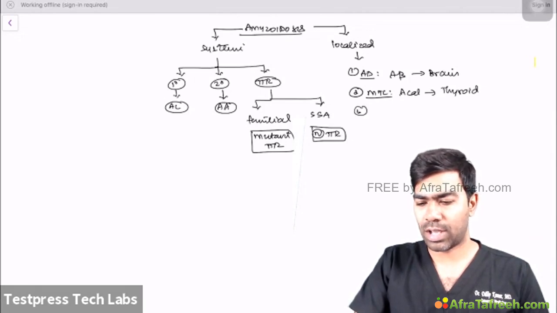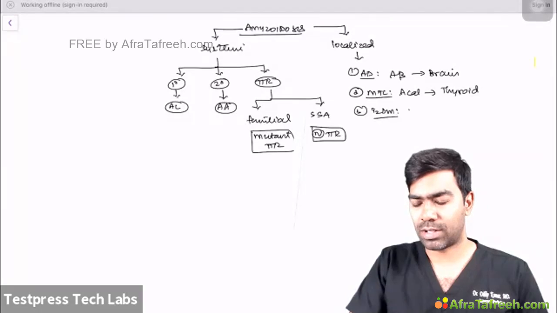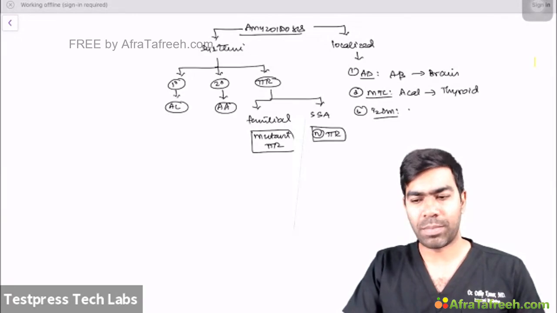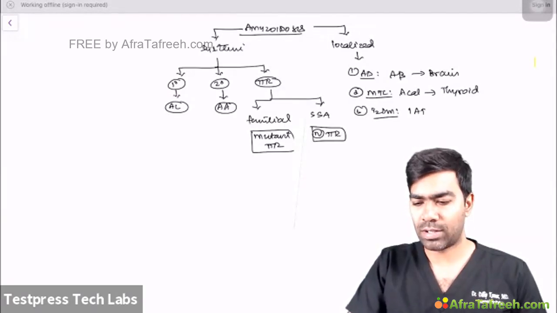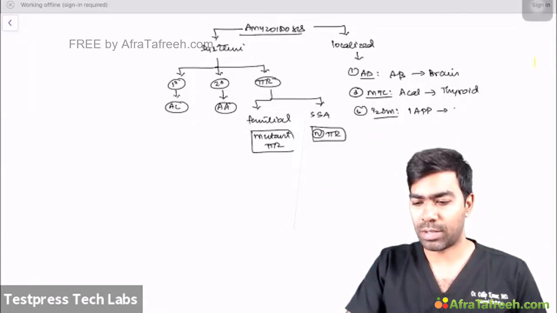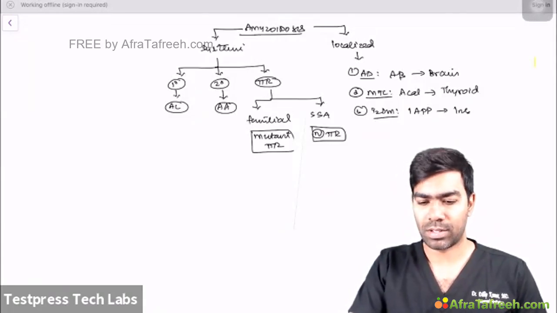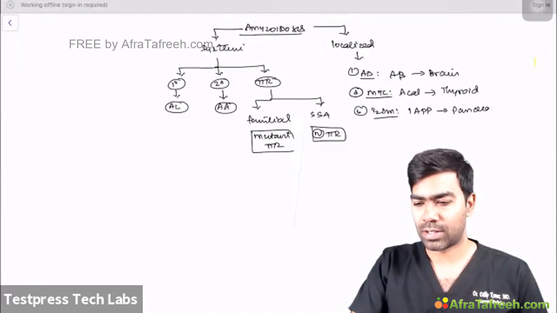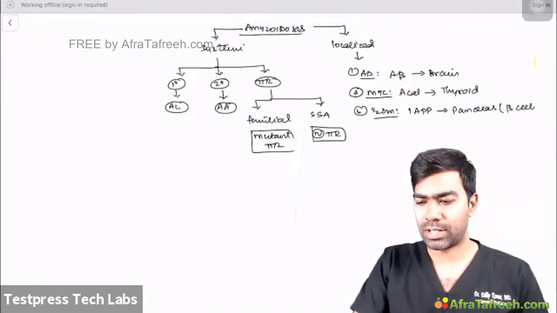Then third, you have type 2 diabetes mellitus, where you have pro-IAPP. There is something called IAPP amyloid. That's called islet associated polypeptide. So that will be depositing only in the beta cells of the pancreas.